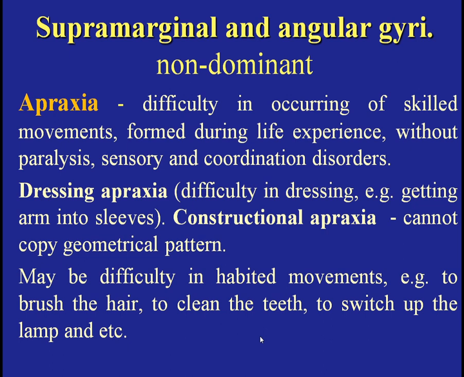Apraxia. Difficulty in performing skilled movements formed during life experience, without paralysis, sensory, and coordination disorders. Examples: dressing apraxia, difficulty in dressing, for example, getting an arm into sleeves, or constructional apraxia, cannot copy a geometrical pattern.